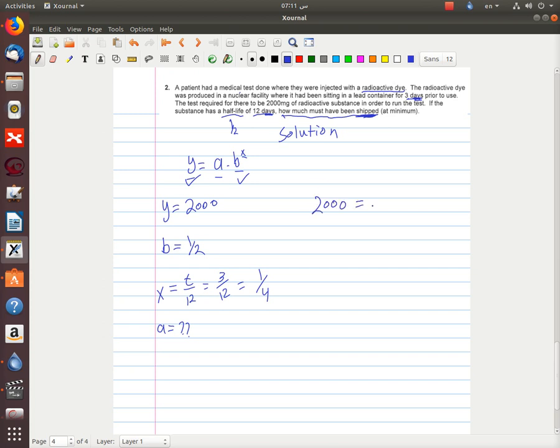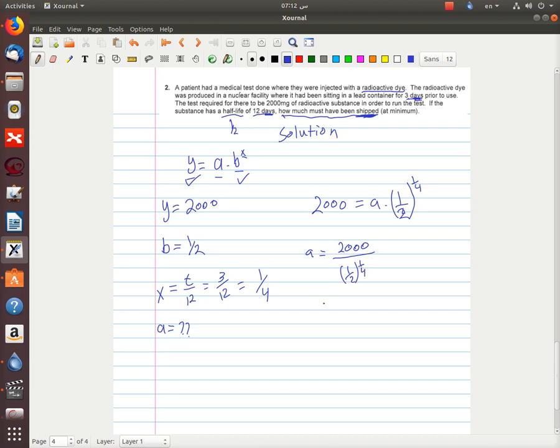So 2000 equal a times 1 over 2 to the power of 1 over 4, which means a is 2000 divided by all of that.